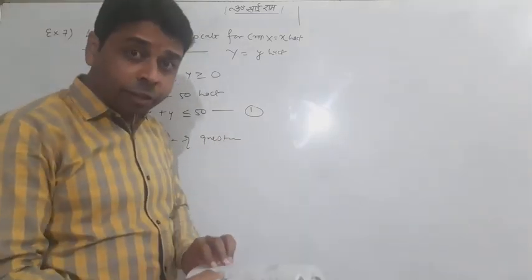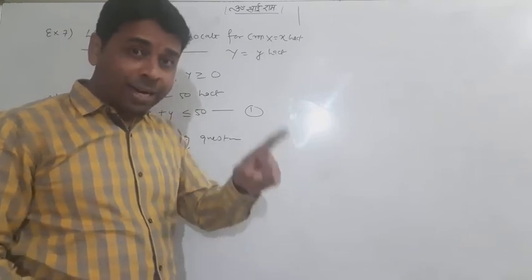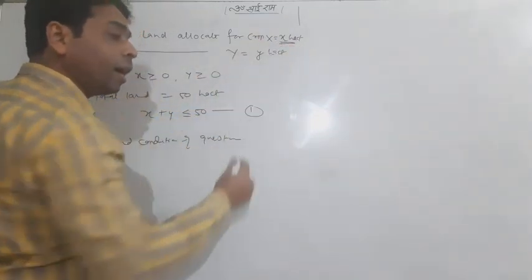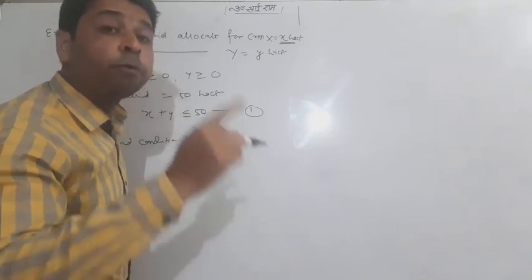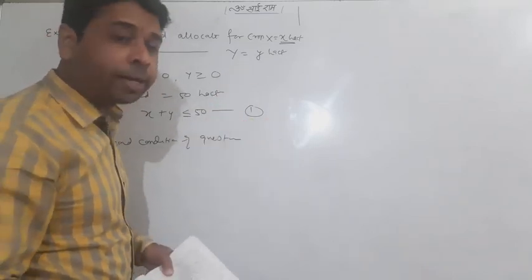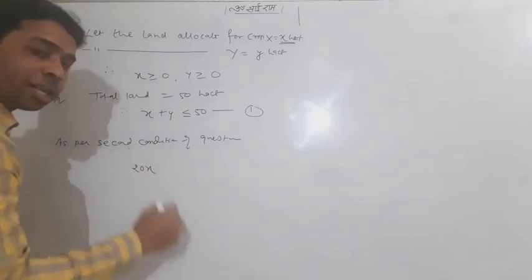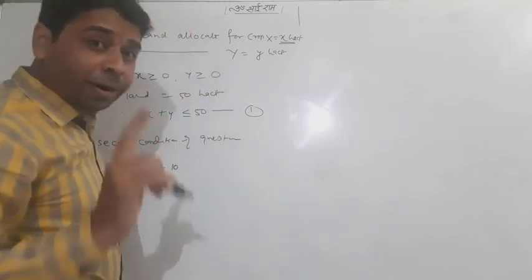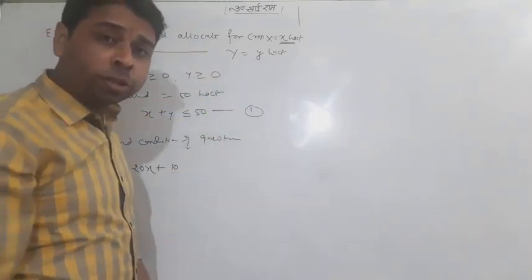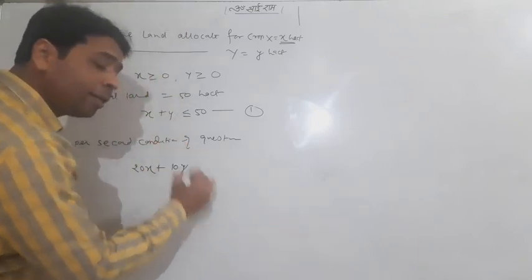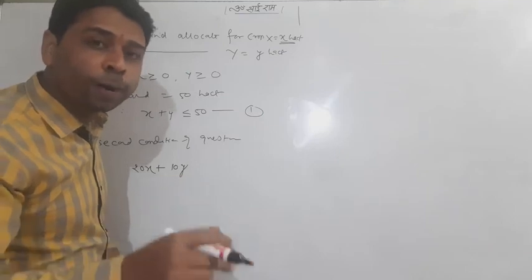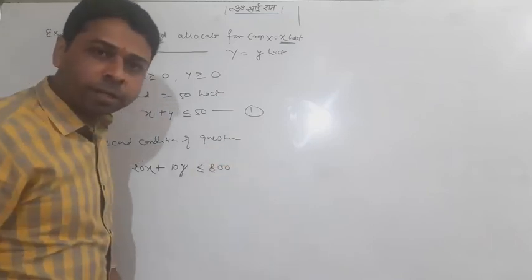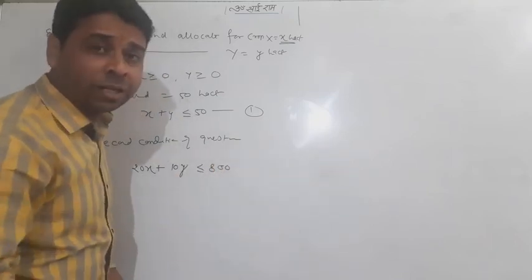It means that 1 hectare requires 20 liter for crop X. Crop X is growing in X hectares, and 1 hectare requires 20 liter herbicide, so X hectare will use 20x liter herbicide for crop X. Similarly 10 liter per hectare for crop Y. Y hectare is the total land in which crop Y is growing, so 10y liter total herbicide is used for crop Y. Now total herbicide should not be more than 800, meaning it is less than or equal to 800.